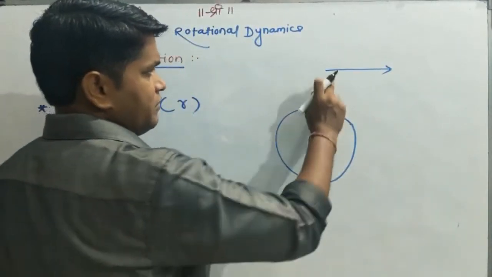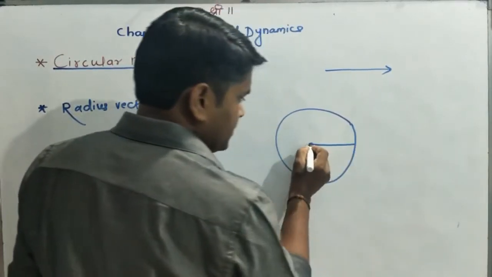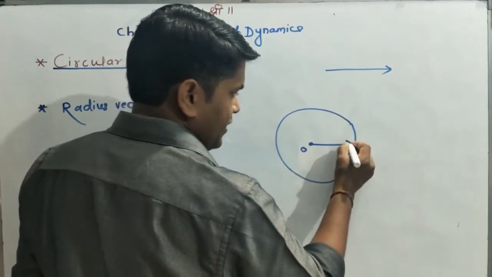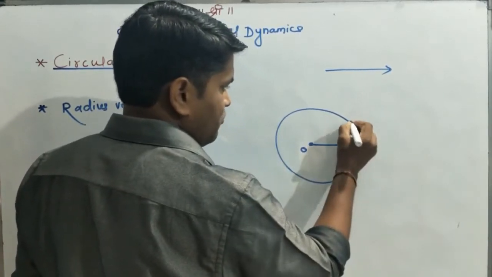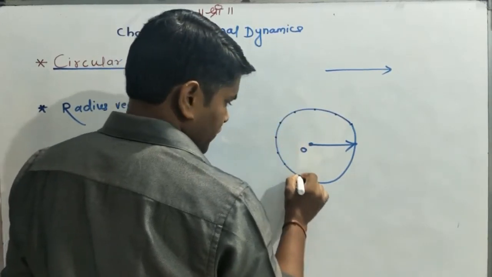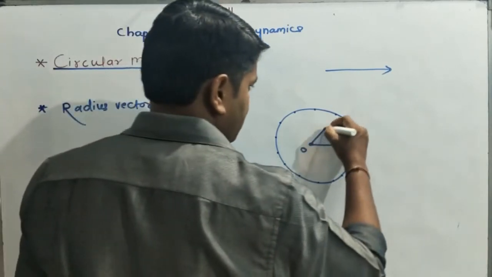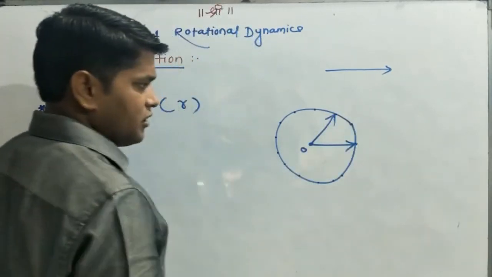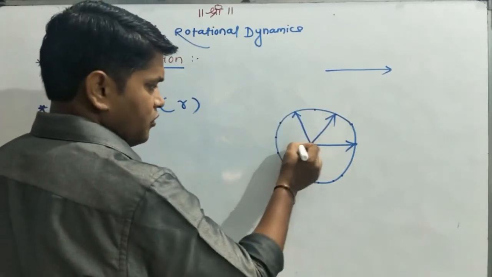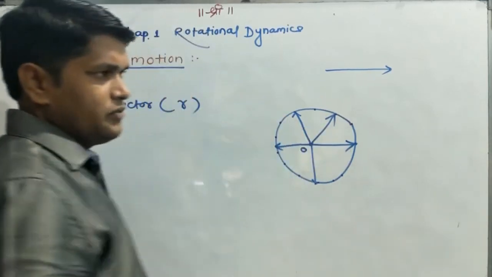Vector is represented by an arrow. Suppose a vector is drawn from the center of the circle to any point on the circumference of the circle, then this vector is called a radius vector. If we draw here, it is also a radius vector. If we draw a vector here, it is again a radius vector. So all these are radius vectors.